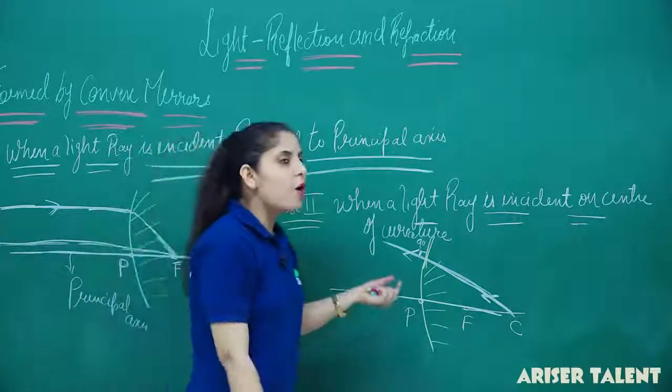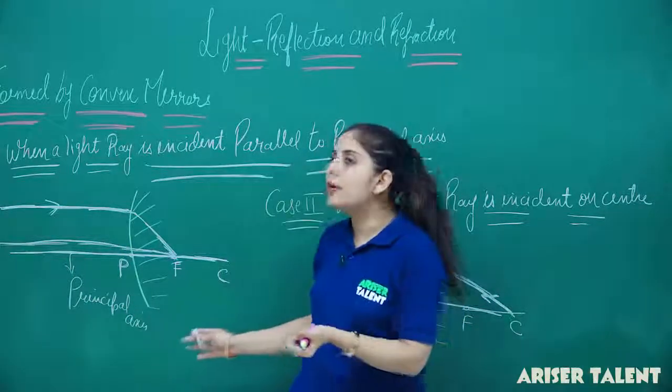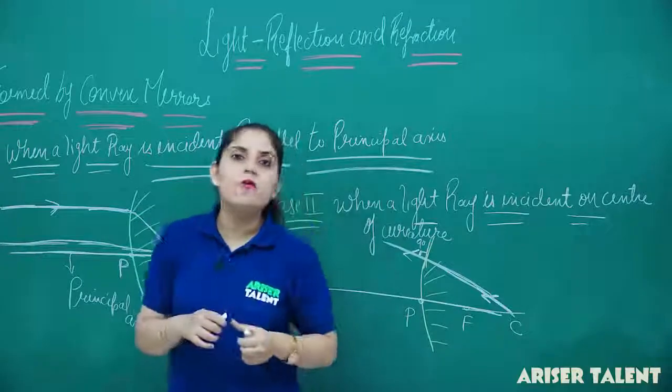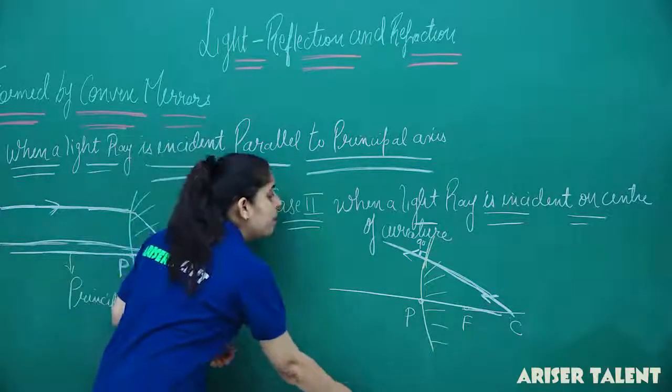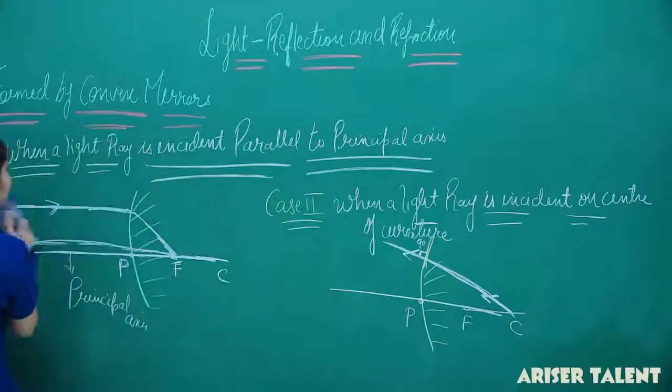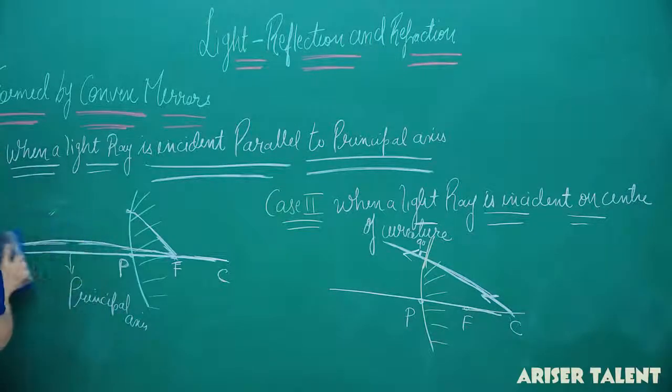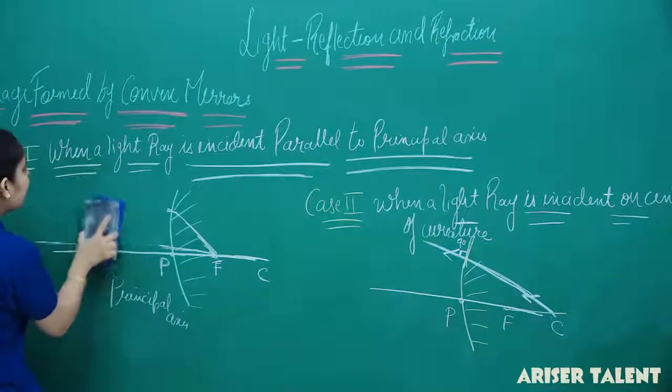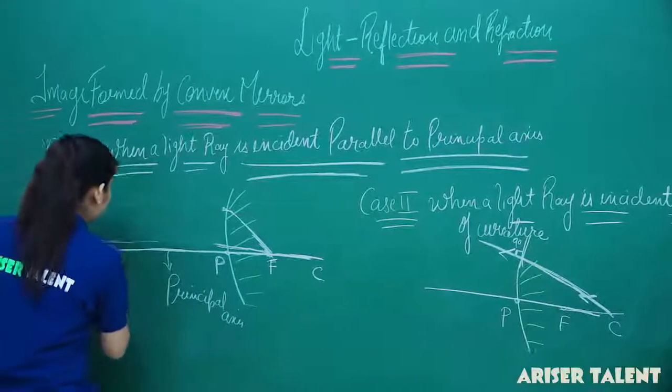So, in the case of the convex mirror, you can see that you have two cases. Firstly, when a ray of light is coming parallel to the principal axis. This is our principal axis.